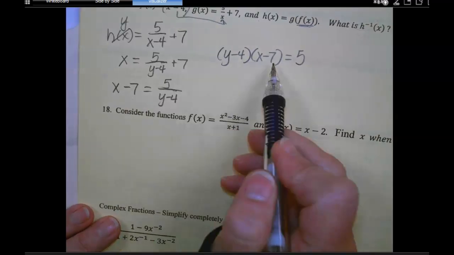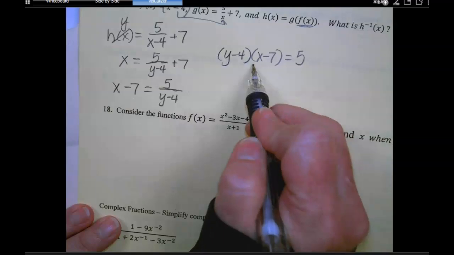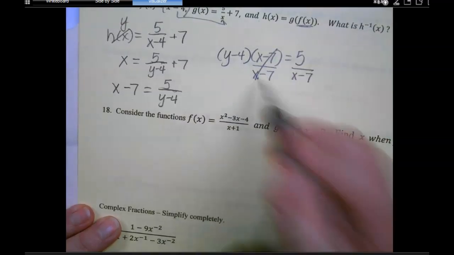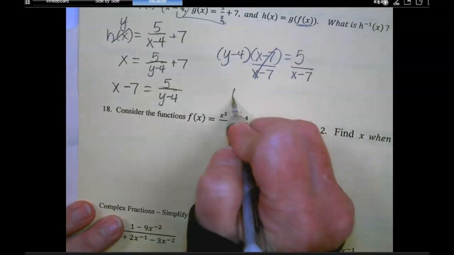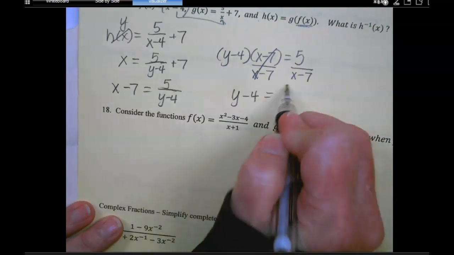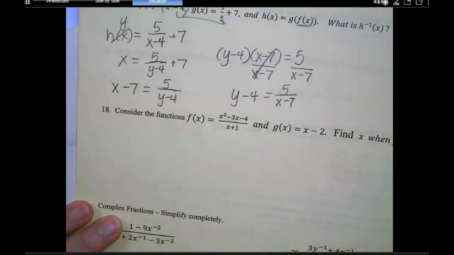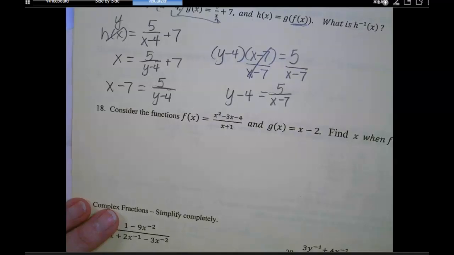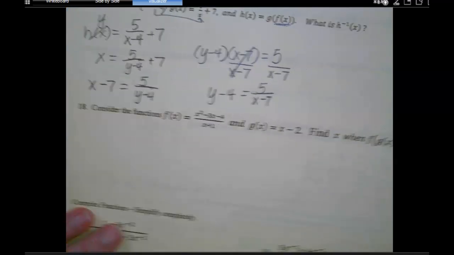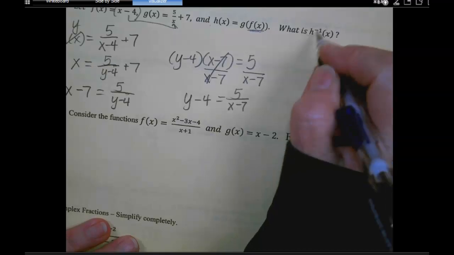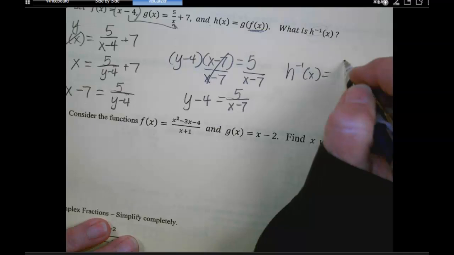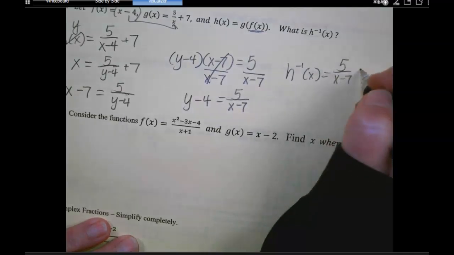But now I'm multiplying, so how do I undo multiply? So I'm going to divide by x minus 7. And how do I get the y by itself now? I add the 4, and what do we do to the y? What do I change that to? The inverse. So we do h inverse of x equals 5 over x minus 7 plus 4.